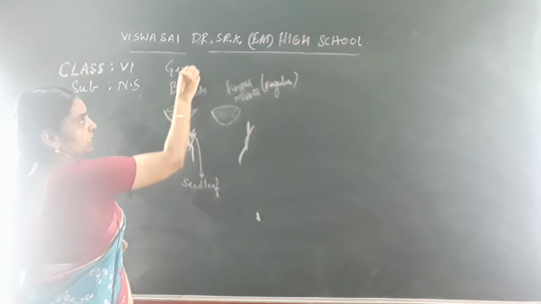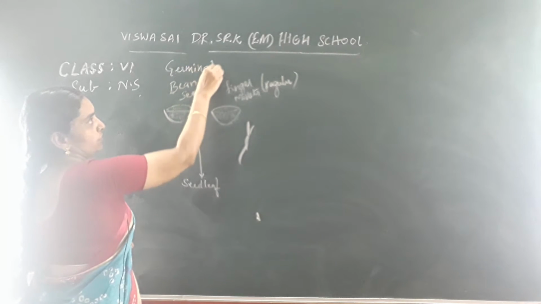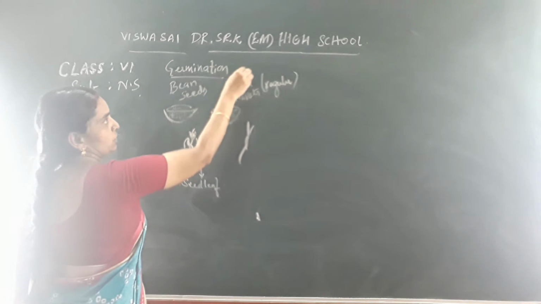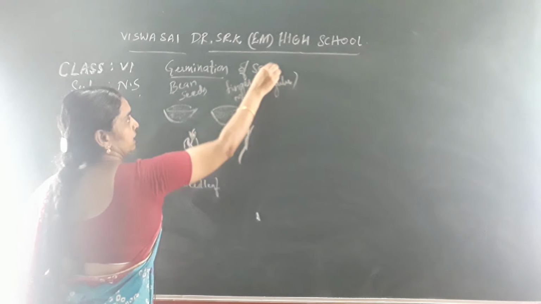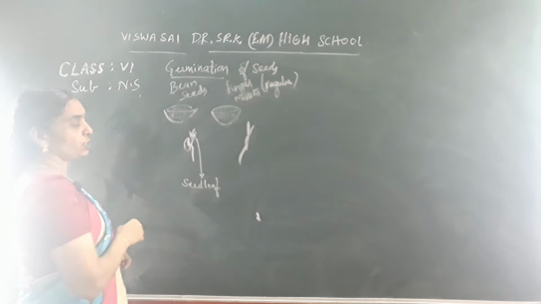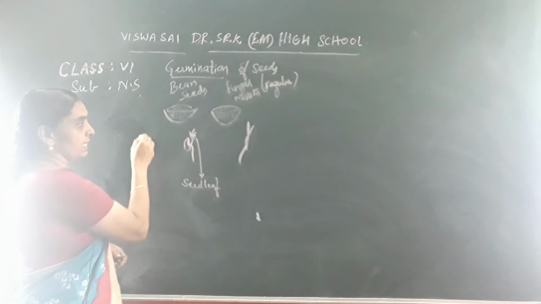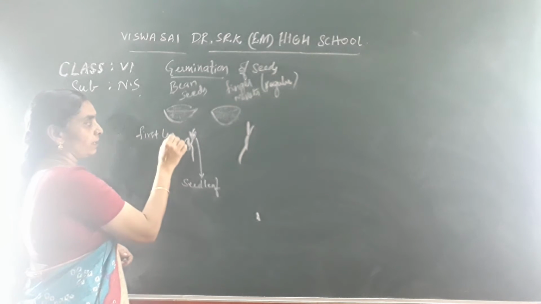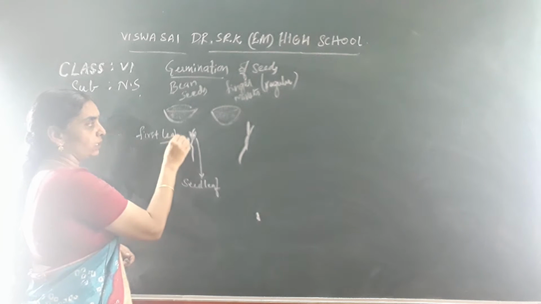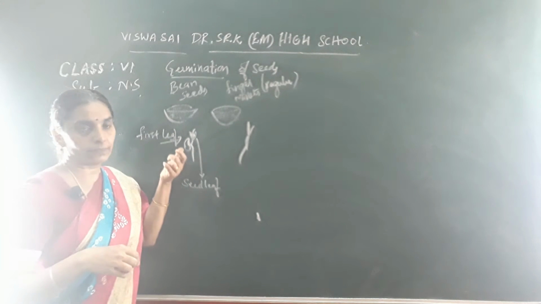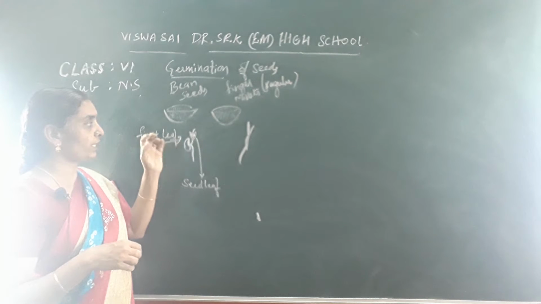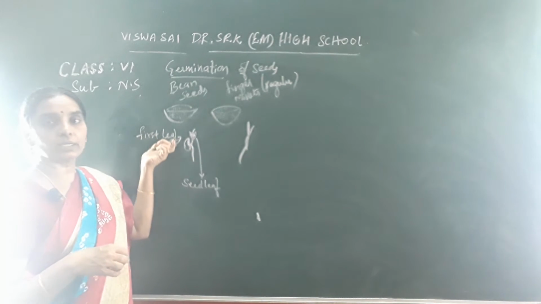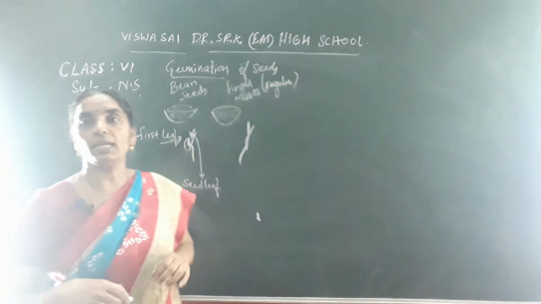During germination of the seeds, the first leaves that arise over the seeds are called cotyledons.